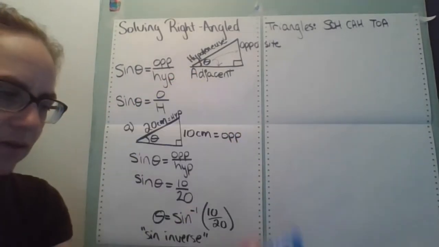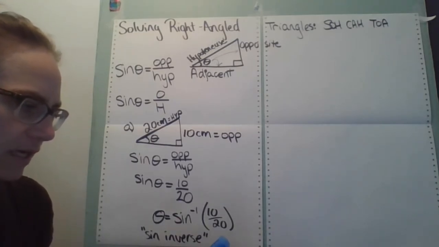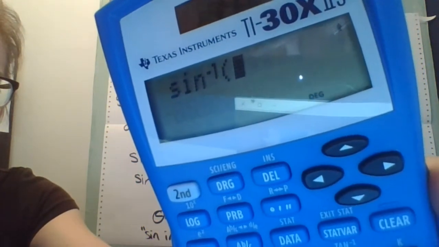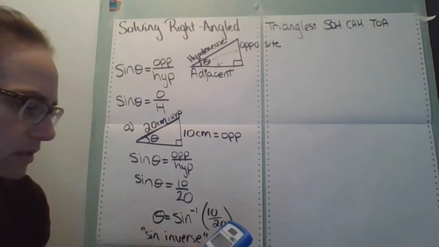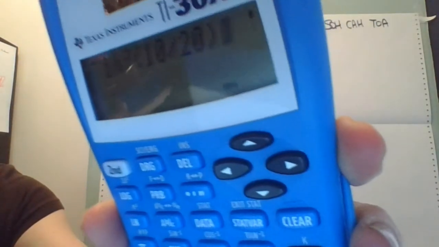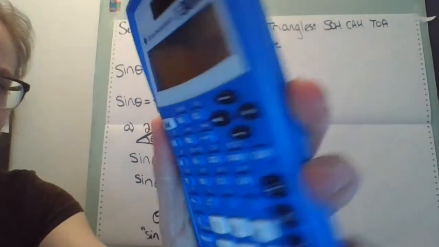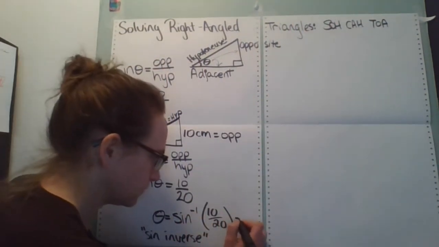And calculators nowadays are pretty good, right? I don't need to look up a crazy table like I did last class. So I would do second function sine. I want that sine minus 1 showing up on my screen. Type in your 10 divided by 20 and close your bracket so your calculator knows what you're doing. And when you hit enter, you should get an answer. Oh, look, I have a 30-degree triangle. Oh, cool.